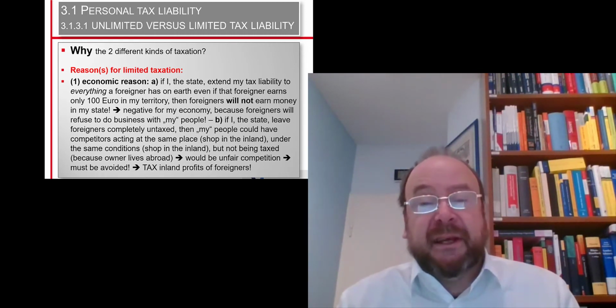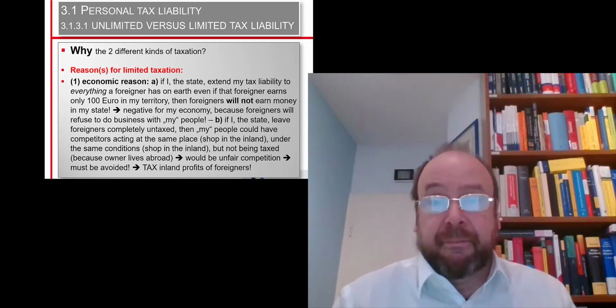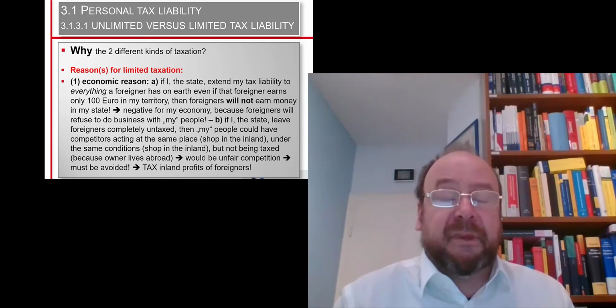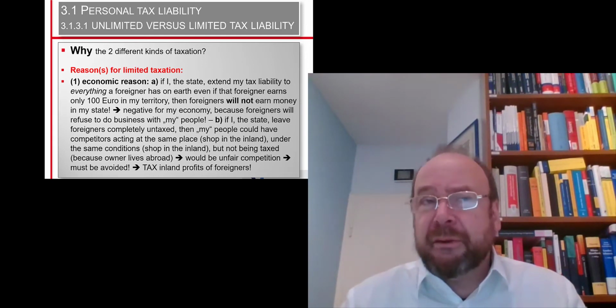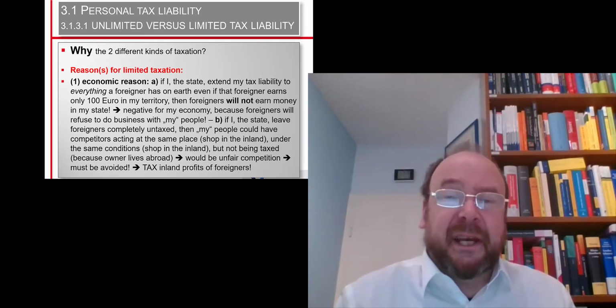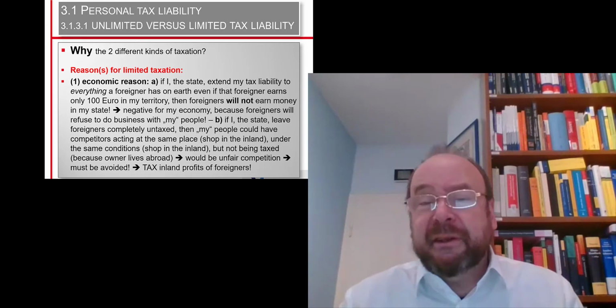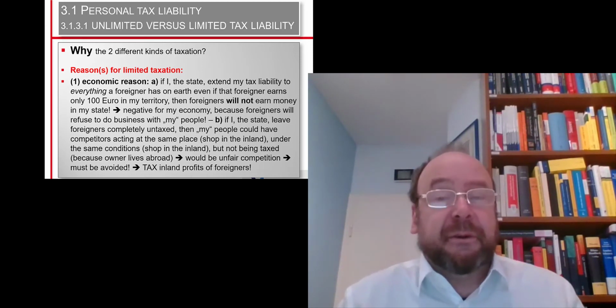But if that then triggered a worldwide income taxation for that millionaire, that person would probably say, okay, I could earn 1 million more than I have in Germany from an investment, and the result would be a tax claim on my whole worldwide income, and perhaps that tax claim would amount to 60 million or so.